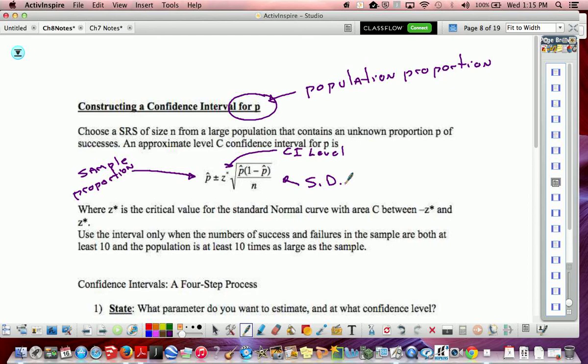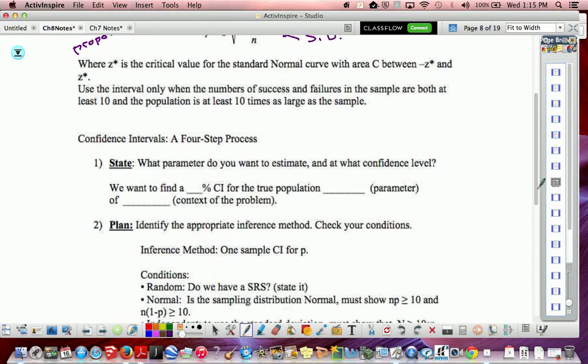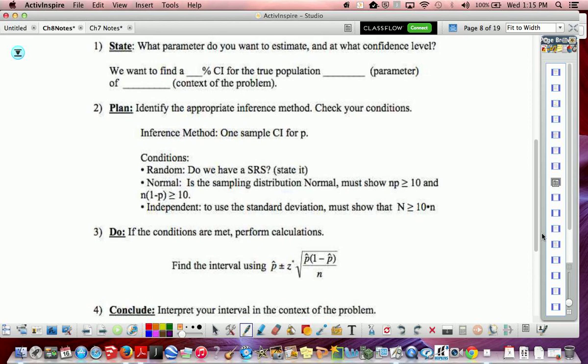So, four-step process. When we do these problems, we'll make sure that we cover these four things: state, plan, do, conclude. We've been doing those for quite some time now. With the state, what I like to tell students is that your state is just a simple sentence.